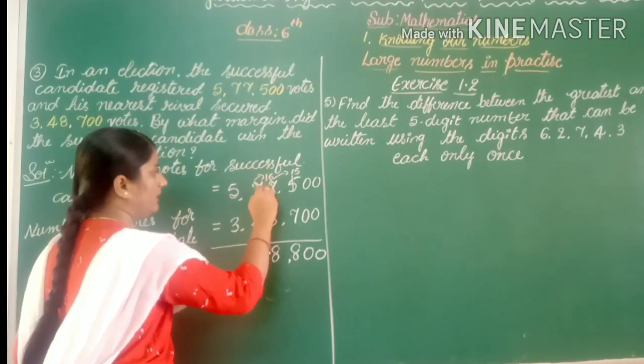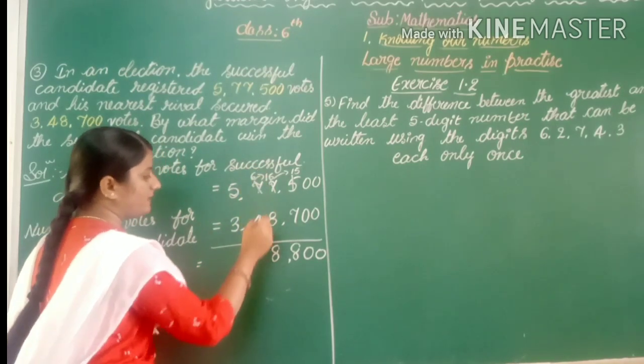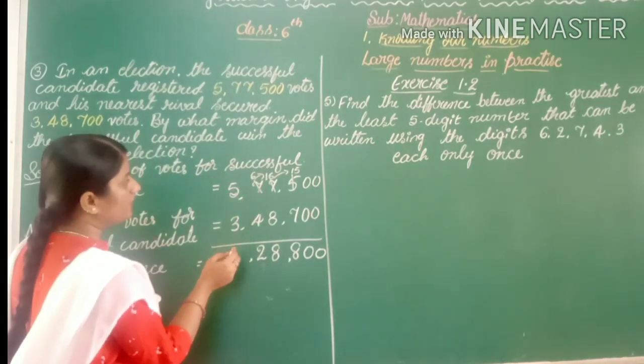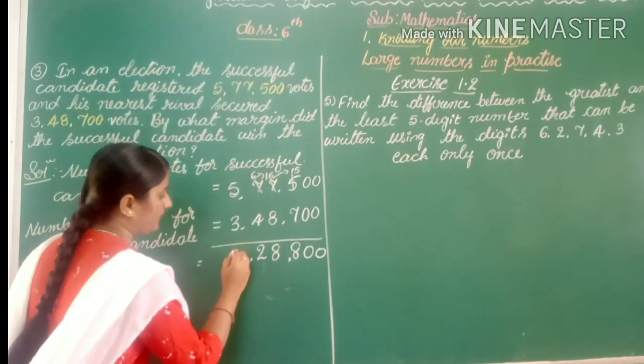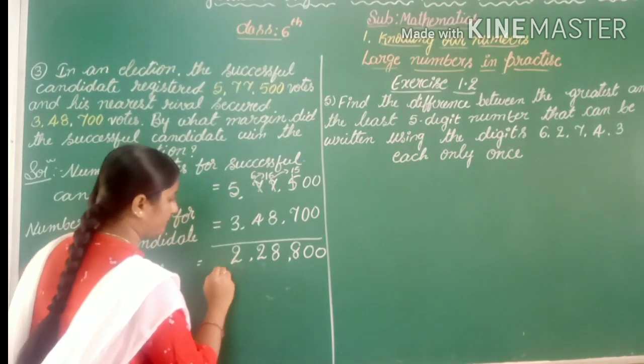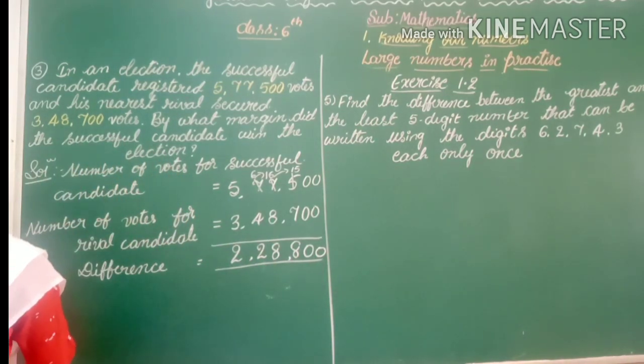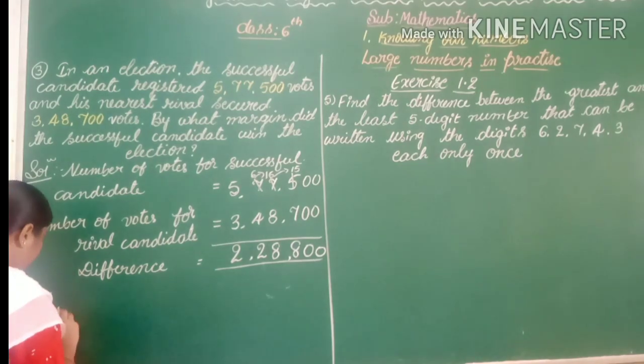Then 6 minus 4 is 2, then at last 5 minus 3 is 2. Therefore, at last, by how much margin?